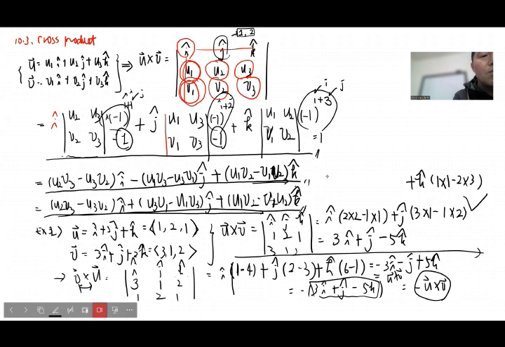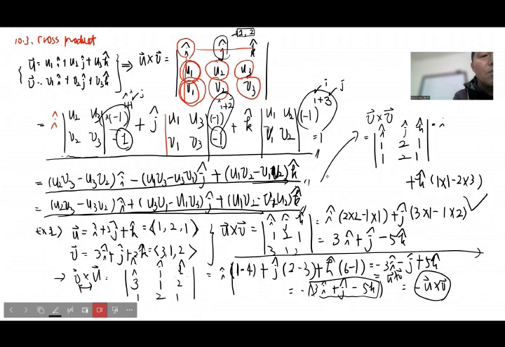Now let's take a look at the cross product of the same vector. You want to take the cross product of V with V. So take a look at how it works. That is I, J, K, and the first row is 1, 2, 1. The second row is the same, 1, 2, 1.